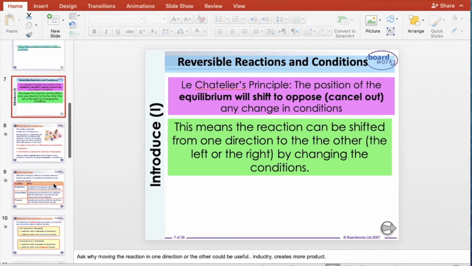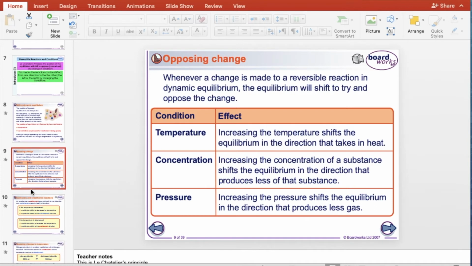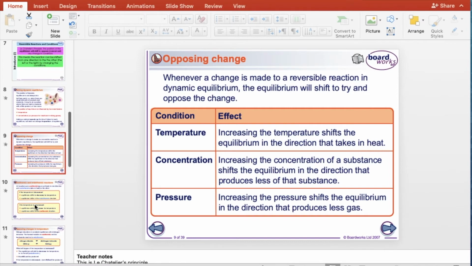Mainly the things we've seen so far are temperature, concentration, pressure for gases, and catalyst. A catalyst, you already know, speeds up your reaction, but in this case it has no effect on the position of the equilibrium.